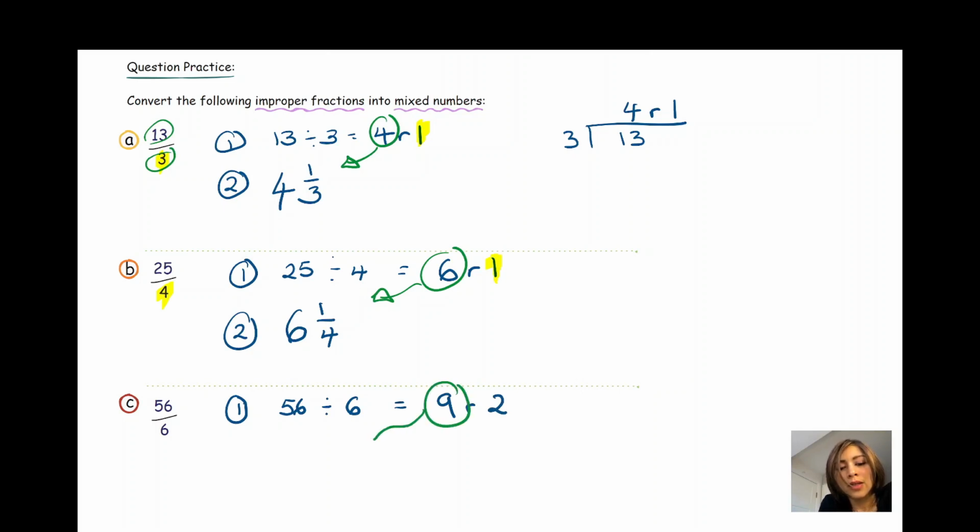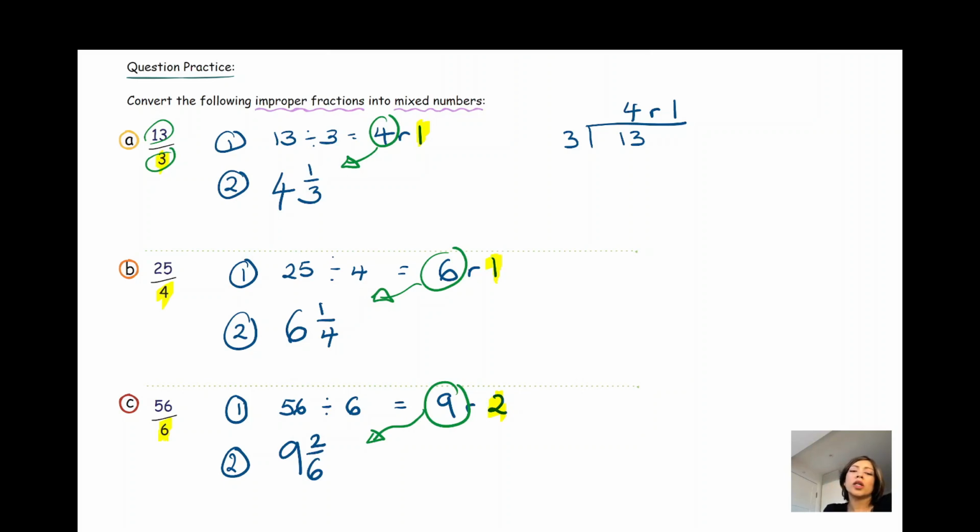We bring this down as part of our answer for step 2. So we have 9, and then we place this remainder over the denominator. So we finish off our answer with 2/6. So the answer is 9 2/6.